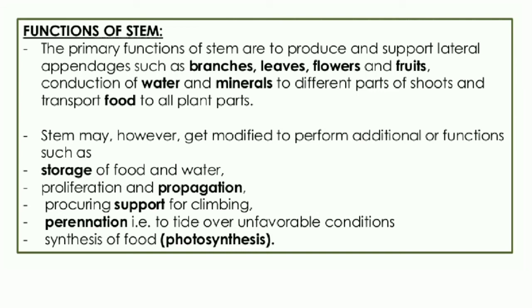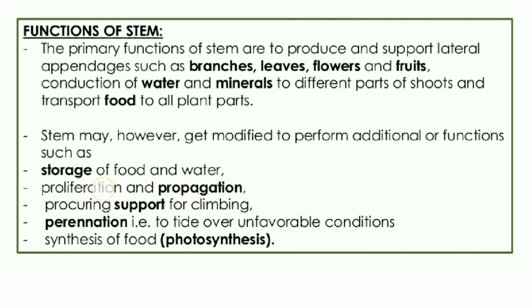To perform those functions, the stem undergoes many modifications. Okay, for the purpose of storage of food and water. As we have seen the modified root for storage, here also some stems will undergo modification for the storage of food and water. Also, proliferation and propagation, means production of new generation, production of new plant, is called proliferation or propagation.